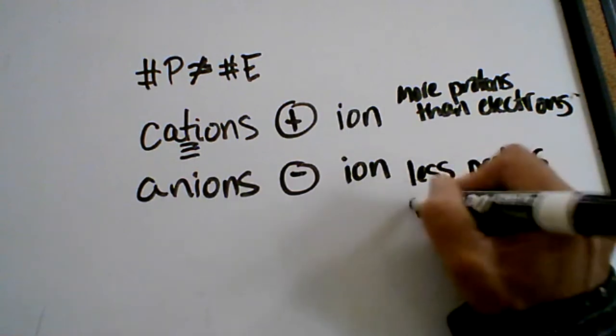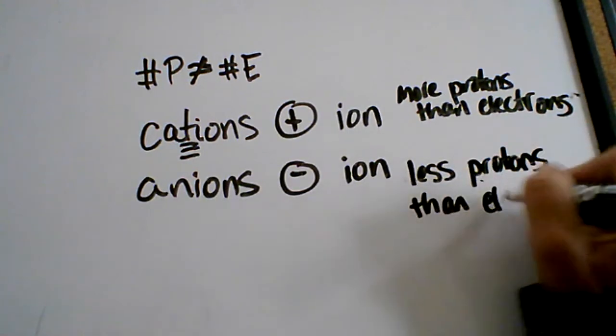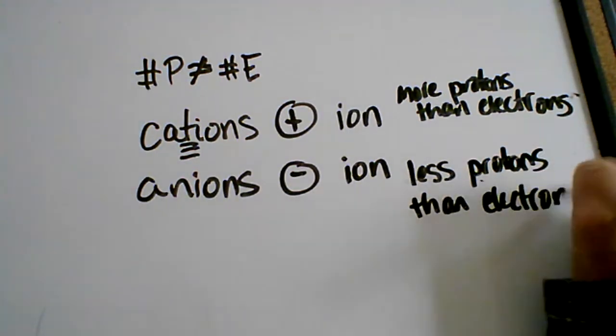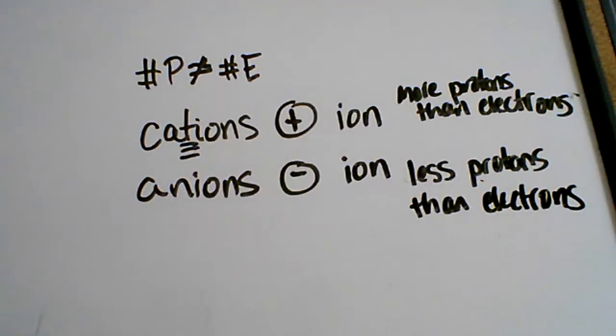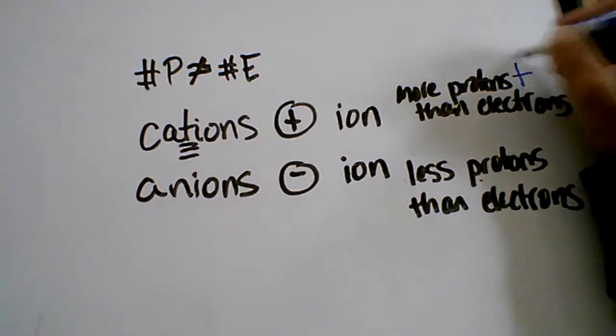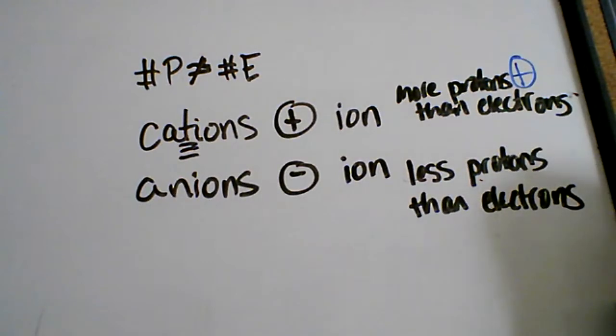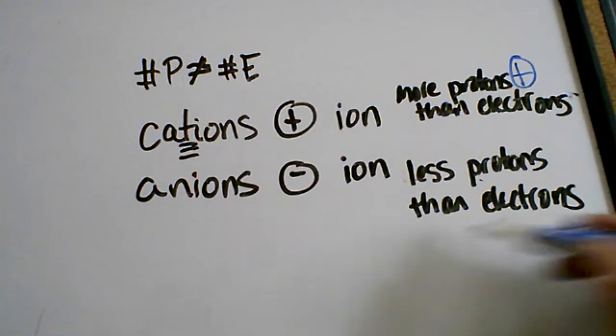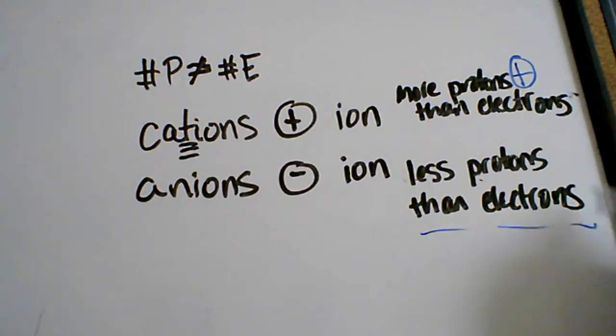That should make sense at this stage in your chemistry career. More positives than negatives, and we are overall positively charged. More negatives than positives, and we're overall negatively charged.